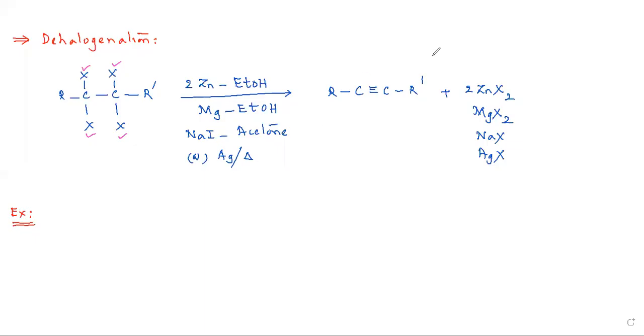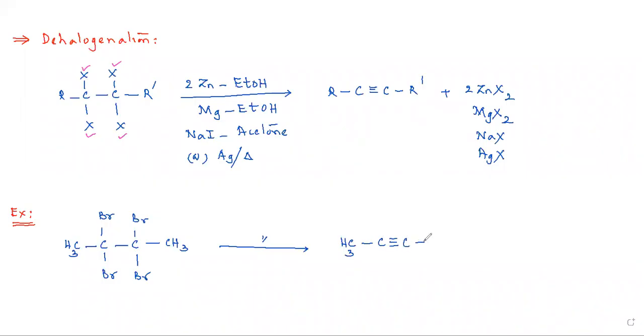Now, let us take a simple example. Not much interesting. Simple elimination of bromine. Using the same reagents, we get butadiene.